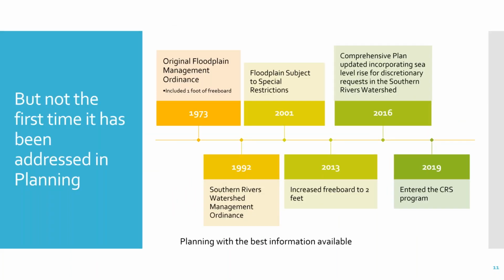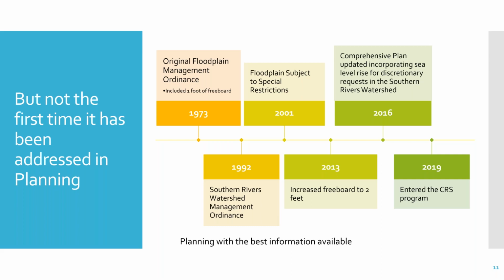But I do want to say, and for the planners, CJ said some very significant numbers that we were able to put forward because the public and the city council had the will to move us forward, as far as millions of dollars to do many of these studies. But it's not the first time that flooding itself, or whatever those impacts are, has been addressed in planning.